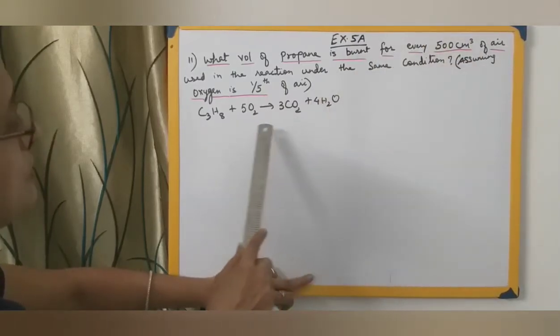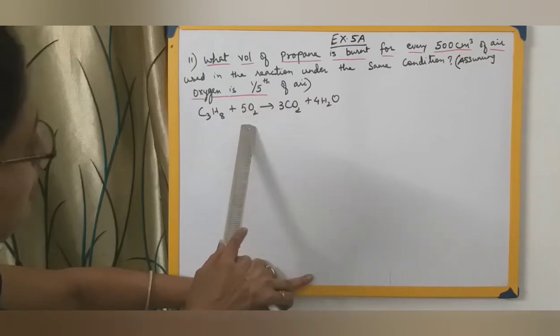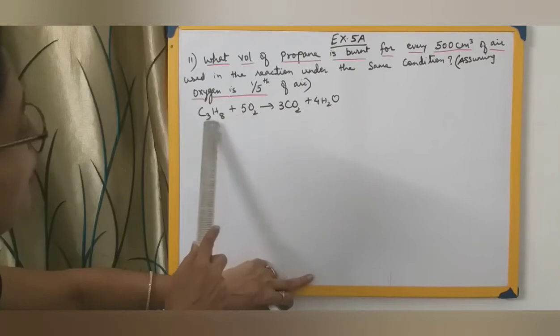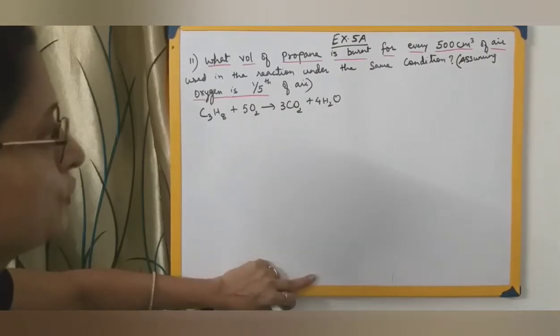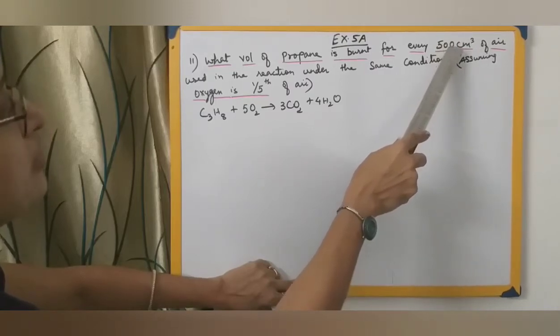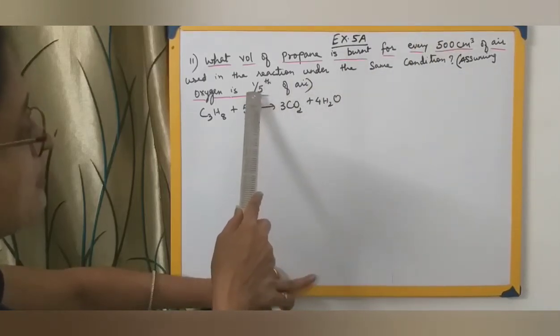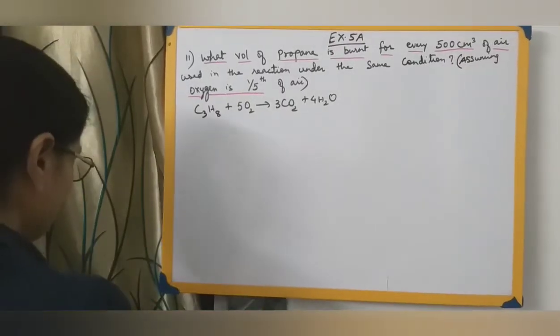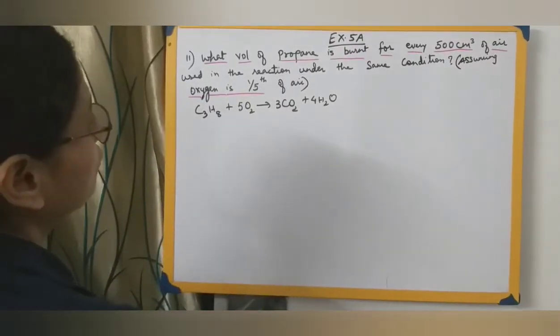So this is what we will find out first, and then from this amount of oxygen that is present, we will find out how much propane has been used. So first let us find out how much oxygen this 500 cubic centimeter of air contains. Oxygen is present in 1/5 part of the air. That is, oxygen is 1/5 of air.